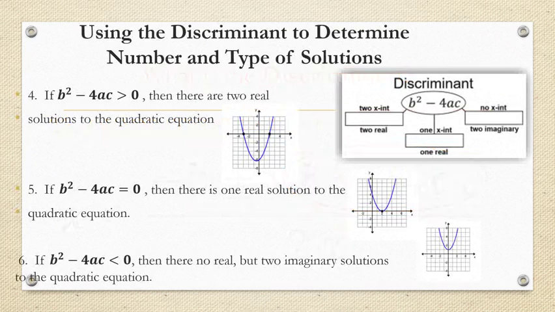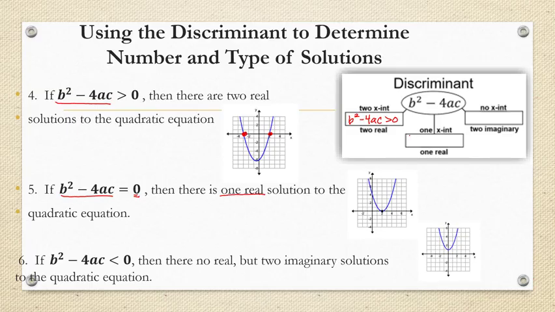Okay? All right. If b squared minus 4ac, if that amount is greater than 0, there's 2 real values. So we're going to get 2 x-intercepts when b squared minus 4ac is greater than 0. Okay? So that means it's going to cross the x-axis 2 spots right here. Okay, let's look at this number 5 here. If b squared minus 4ac equals 0, then there is one real solution.